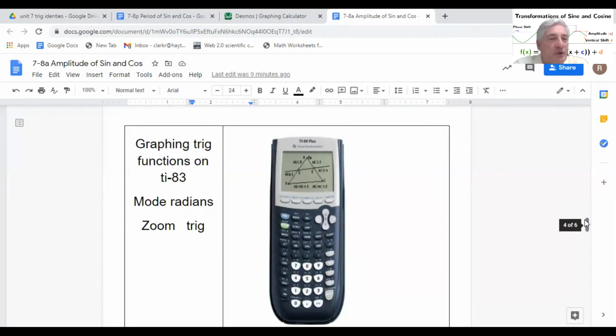Why am I looking for 6.2? Yes, because it's 2 times pi. 3.14 times 2 is going to be about 6.2. And negative 2 pi would be about negative 6.2. So the graph I'm looking at is going to be happening between 6.2 and -6.2. And the graph for trig goes up to about 10.